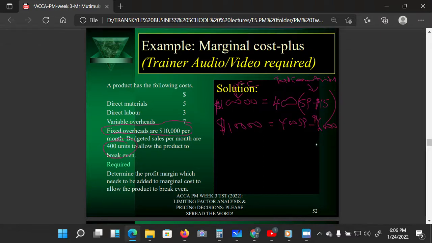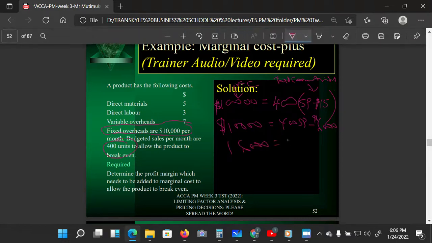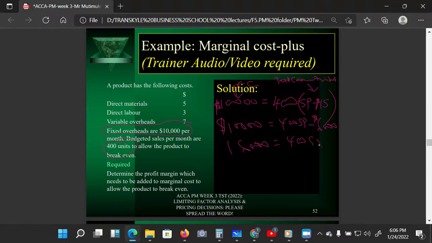$6,000. If we add 6,000 to both sides, we are going to have 16,000 is equal to 400 SP.